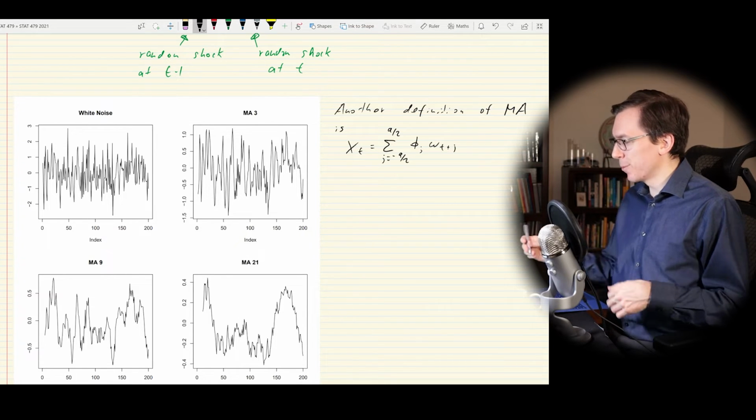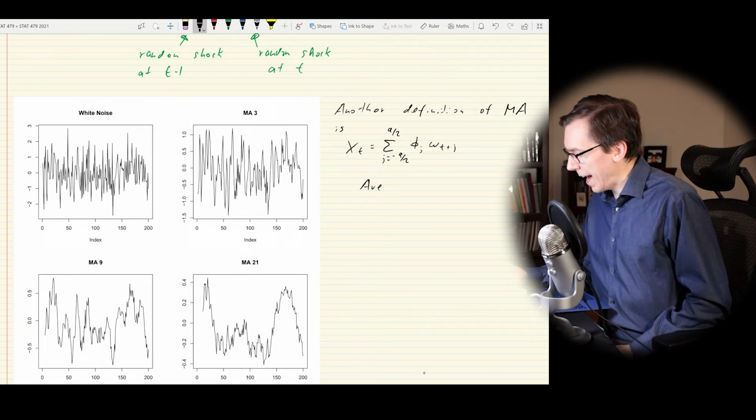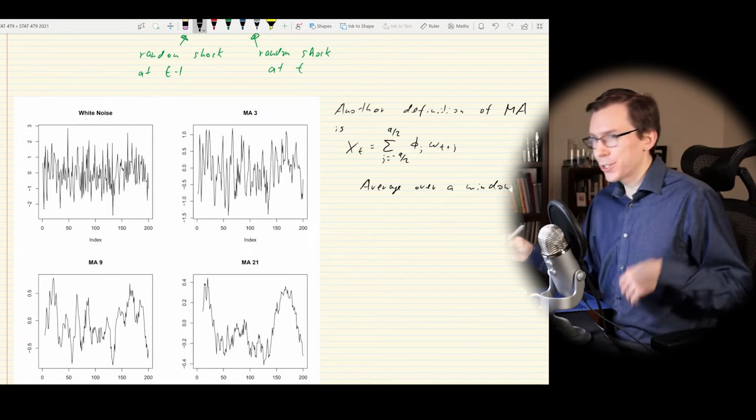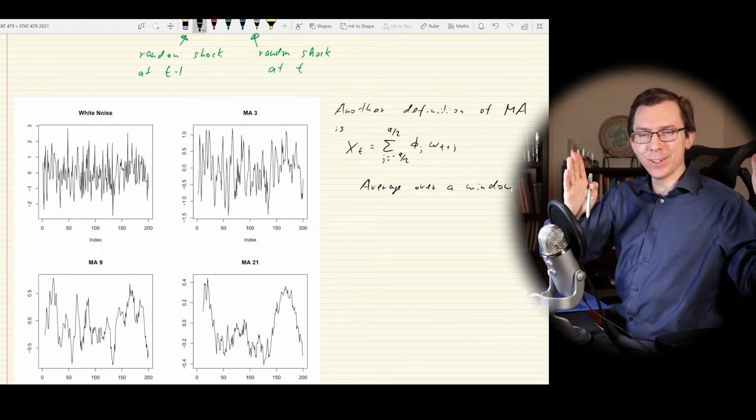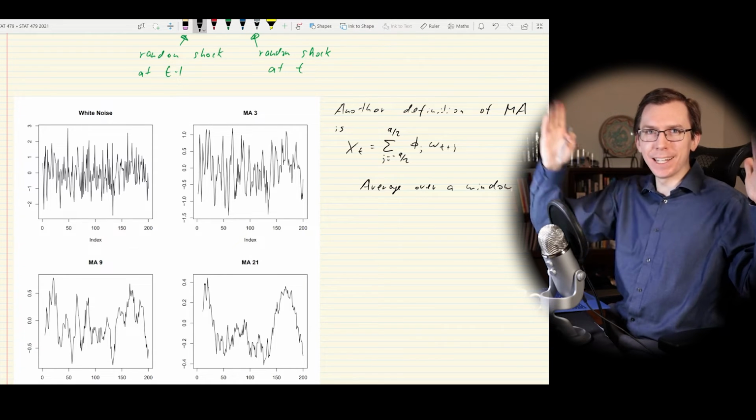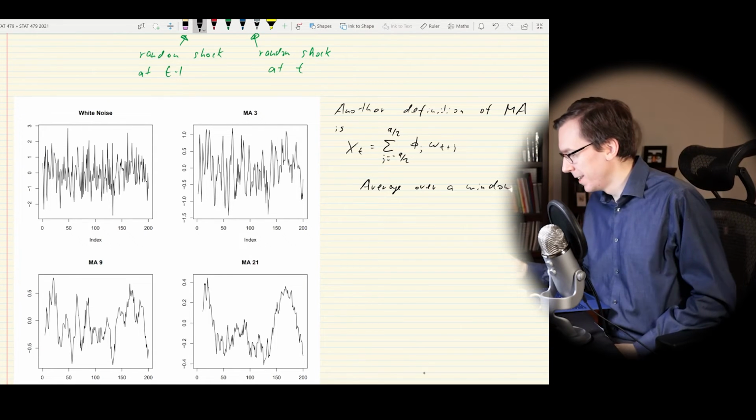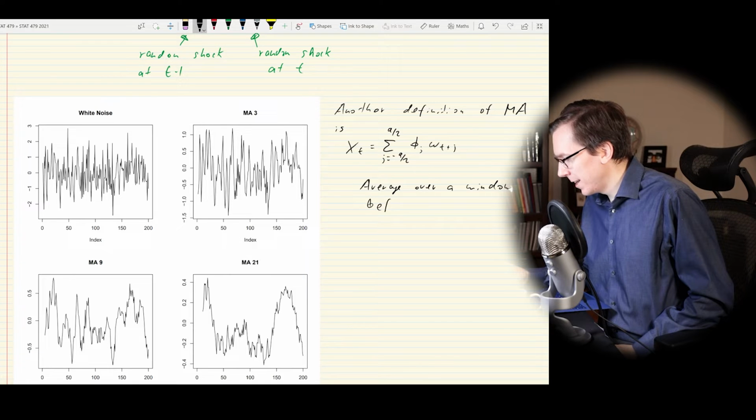And in this case, what we're saying is average over a window, which is going to run from minus q over 2 units in the past to plus q over 2 units in the future, before and after time point t.